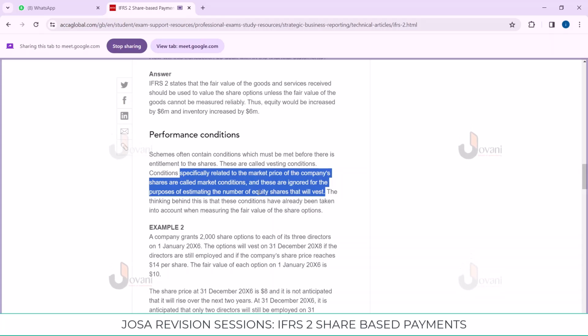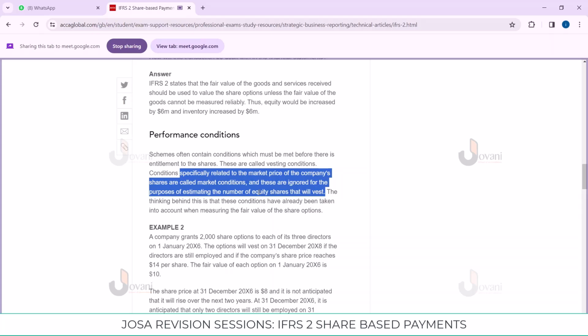In fact, they are tied to the performance of the equity instrument of the company. Those ones, we do not look at them when estimating how many shares are going to vest. Do you know why? These are already integrated into the fair value of the equity instrument. That's why we say, for market conditions, ignore them.